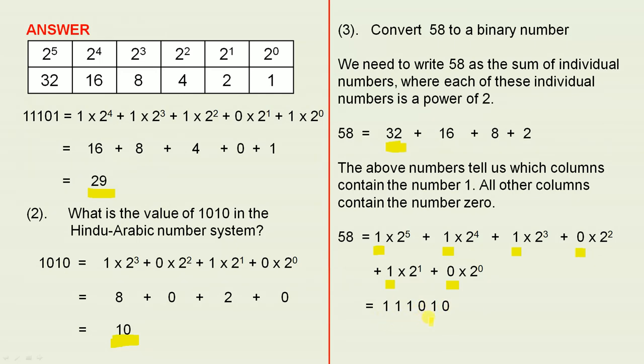So that's the number in the binary system, and that's the number in the Hindu-Arabic system. So this video has introduced us to the idea of binary numbers, where we are working with powers of 2, and we've seen how we can change binary numbers into the Hindu-Arabic system, and we can also convert numbers from the Hindu-Arabic system back to binary numbers.